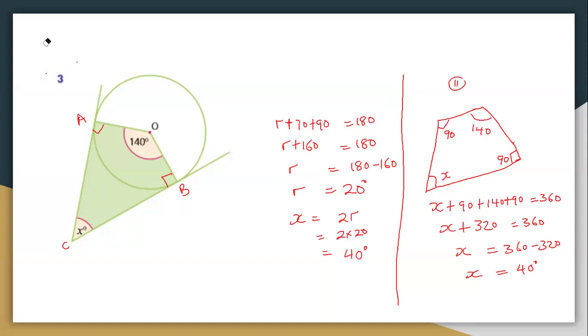First, angles at a point: because it is a circle, you rotate 360 degrees, so as long as you're at a point, those angles add up to 360. Also, whenever we have a quadrilateral, any four-sided figure, when you add all the interior angles inside, you end up with 360 degrees.